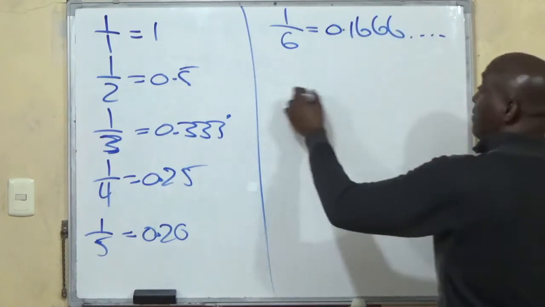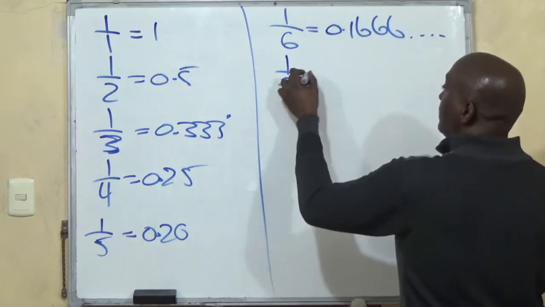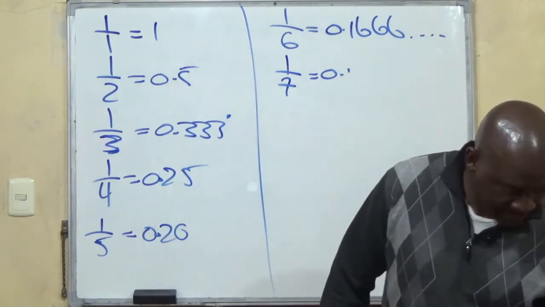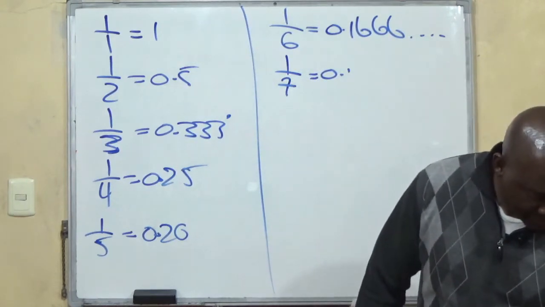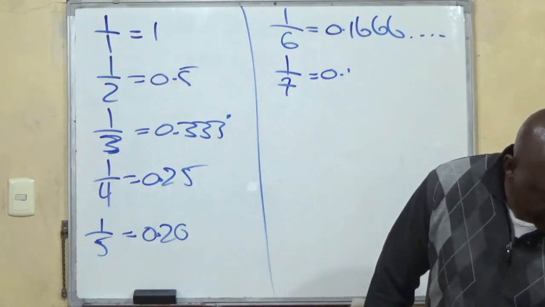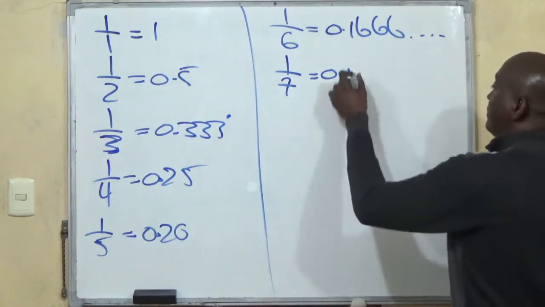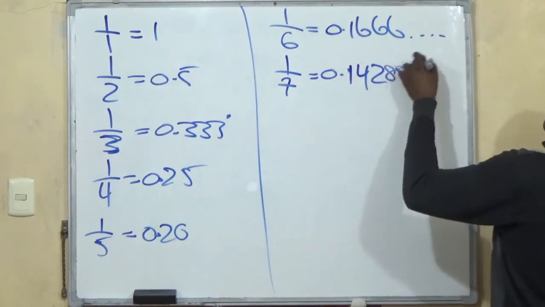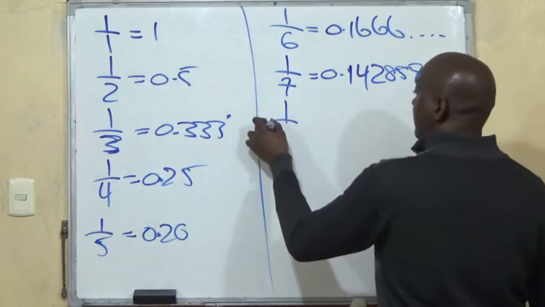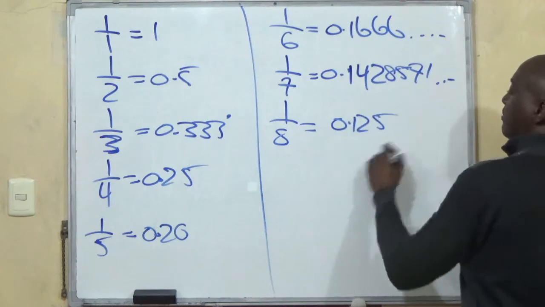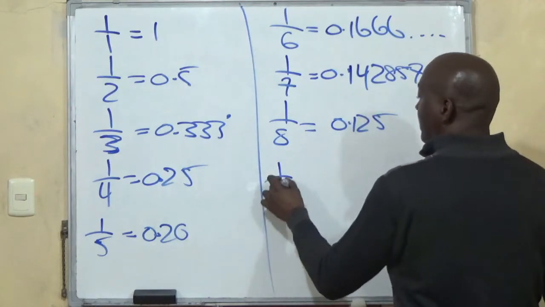Remember we said generally in the last video. 1 divided by 7 is 0.142857, 1428571. 1 divided by 8 is 0.125.